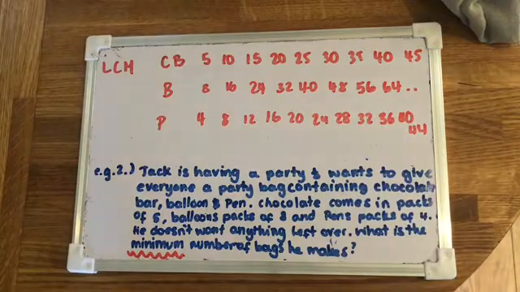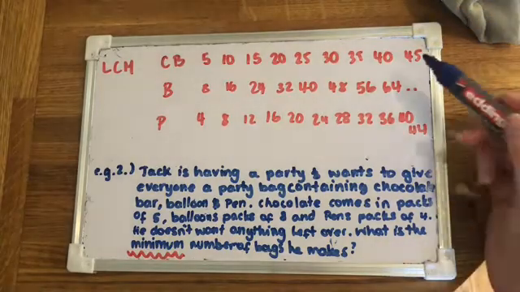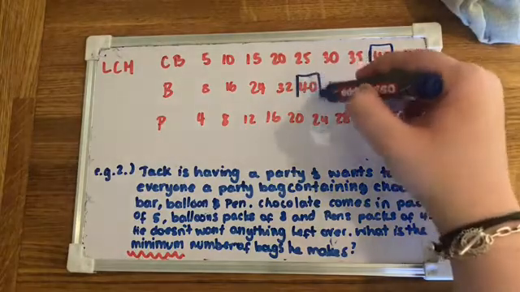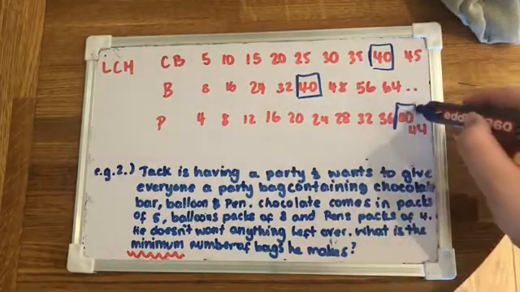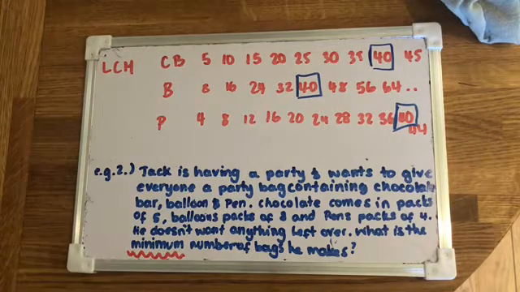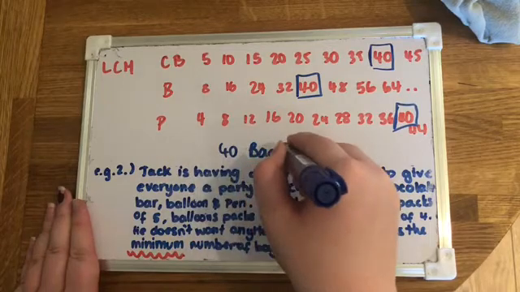Okay, we look at each row and we see what number appears in all of them. So 40 appears in the chocolate bars, 40 appears in the balloons and 40 appears in the pens. So the answer will be 40 bags.